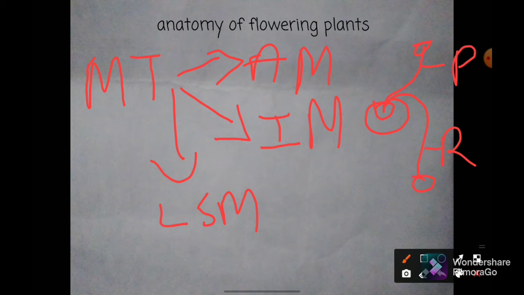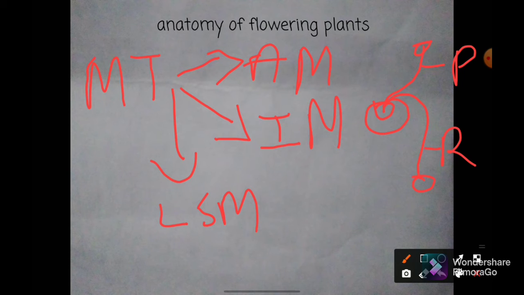Okay, so now these are apical meristems. In which locations are they? They are at the apical positions, that is the root and the shoot apex. Based on their position they are again divided into the root apical meristem and the shoot apical meristem.